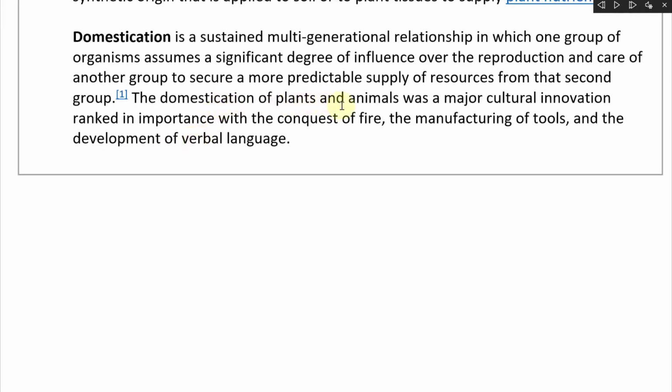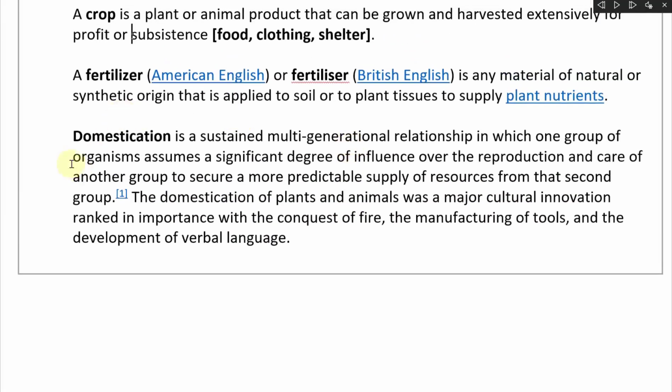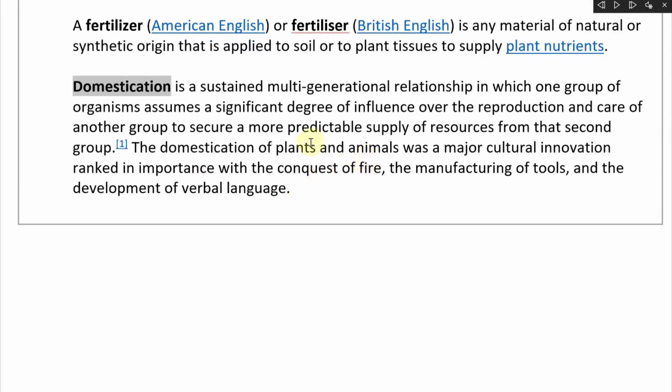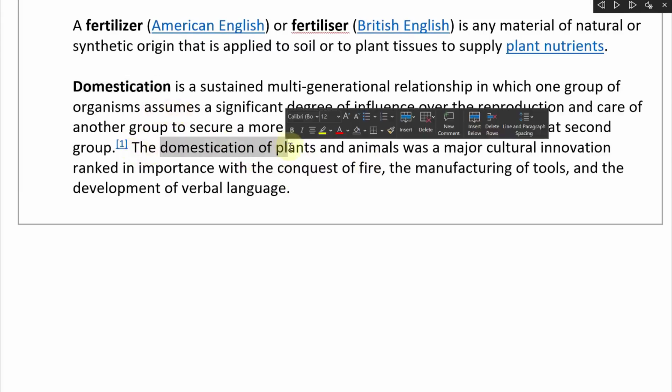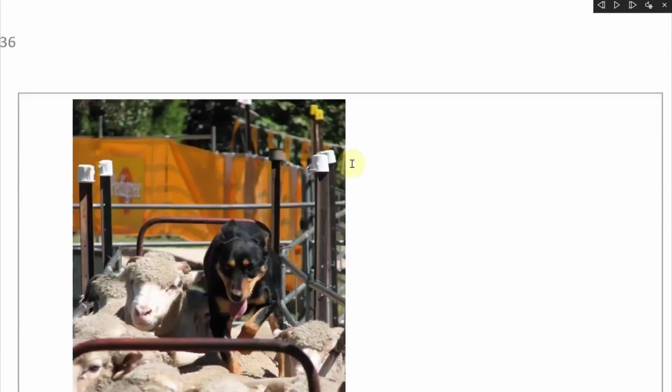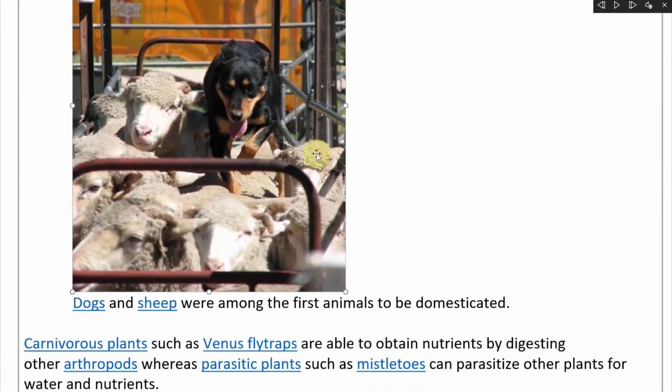The domestication of plants and animals was a major cultural innovation ranked in importance with the conquest of fire, the manufacturing of tools, and the development of verbal language. And you could also look at it more broadly, you could think of a domestication of humans. It's pretty much been going on in the world for a long time, and currently is, if you just open your eyes for a bit.